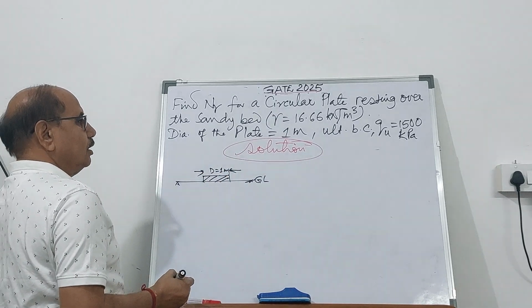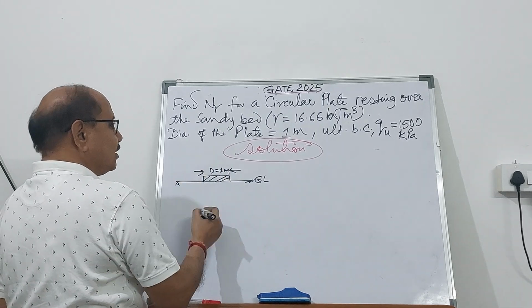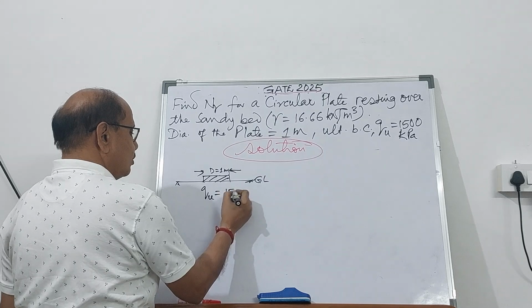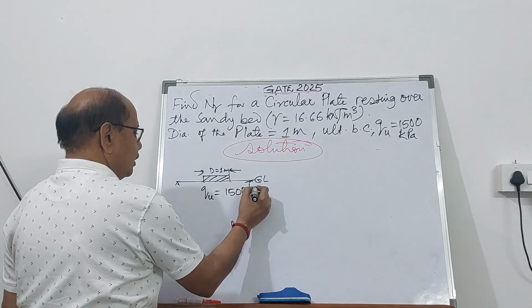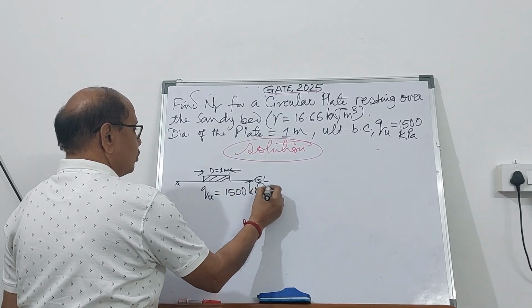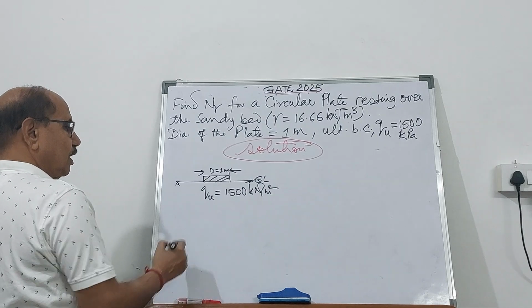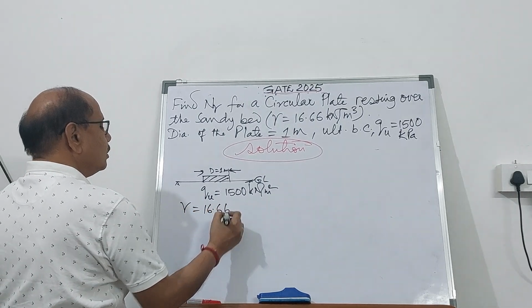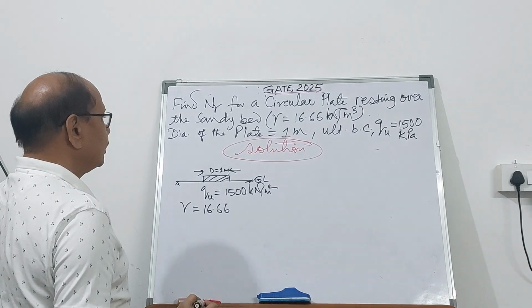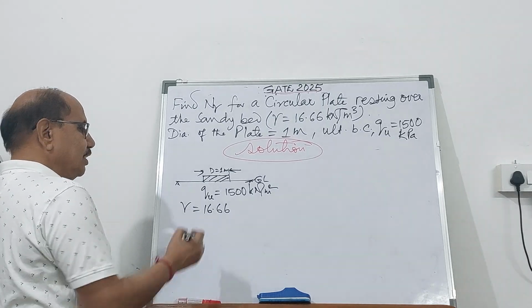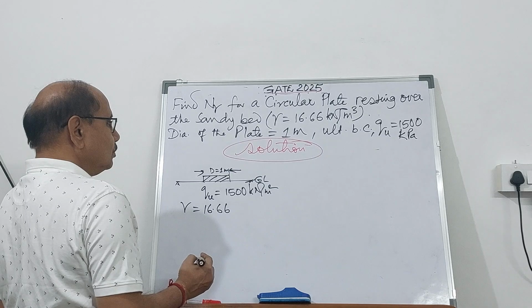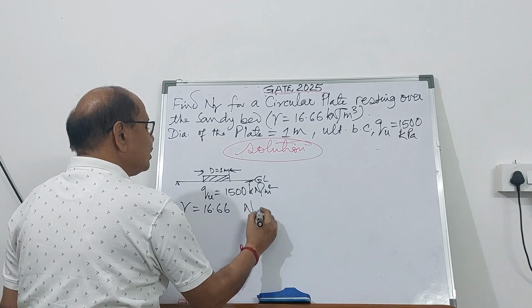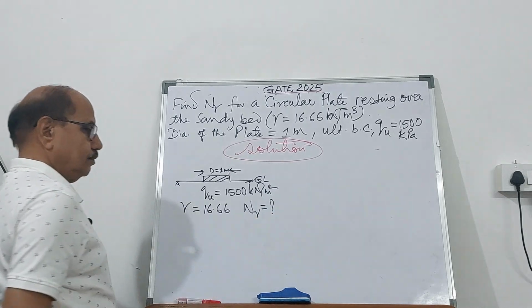And the ultimate bearing capacity Qu is given to you as 1500 kilonewton per meter square. And the unit weight is also given to you, kilonewton per cubic meter. So with this information, you will have to find out the bearing capacity factor N gamma.